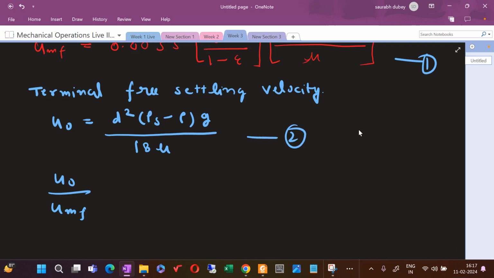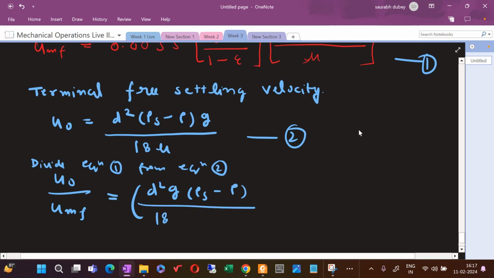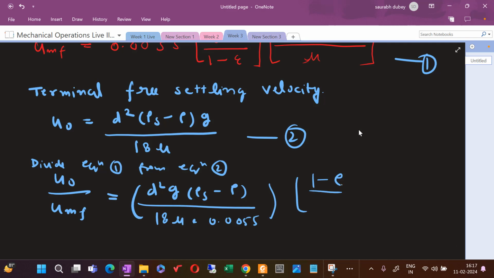Dividing equation 1 by equation 2, we will get d squared g (rho_s minus rho) divided by 18 mu, into 0.0055 (1 minus epsilon) divided by epsilon cubed, mu divided by d squared (rho_s minus rho_g).